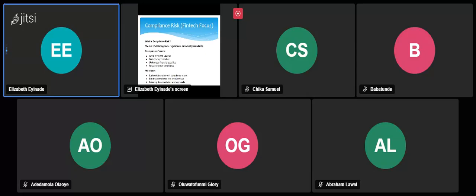So example includes a weak KYC or AML check. So like I said, we're using the fintech focus. If you work in a fintech space and you're trying to build a product, if your KYC and AML is not strong enough, you have not started building. So you need to look at that.